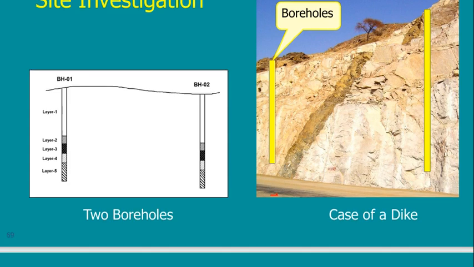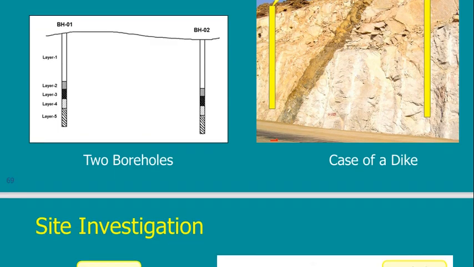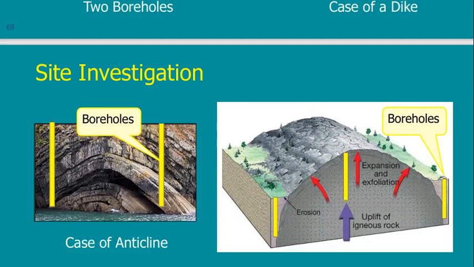How can I know this? Either I drill another borehole in between, or use seismic waves to discover what is in between. And of course, study geology. If I study geology, then I know what to expect.